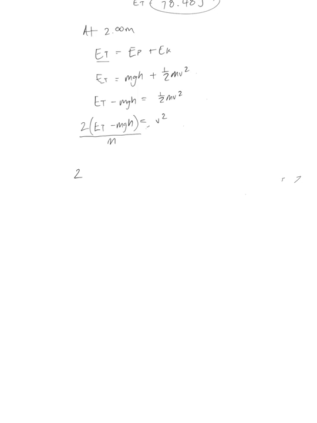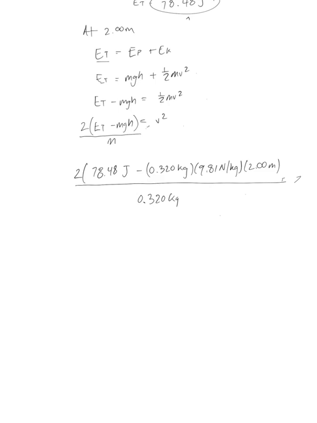So we can start putting in numbers. 2 times the total energy, which was 78.48 joules, minus the mass, 0.320 kilograms, which was the 320 grams, times g, 9.81 newtons per kilogram, and the height at this point is 2.0 meters, and we're going to divide that by the mass, 0.320 kilograms, and that is equal to v squared.